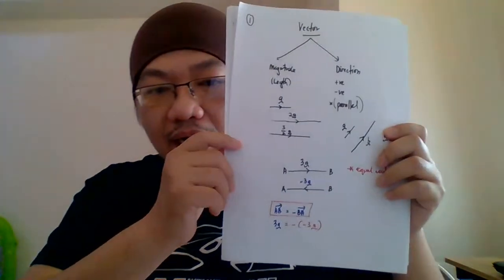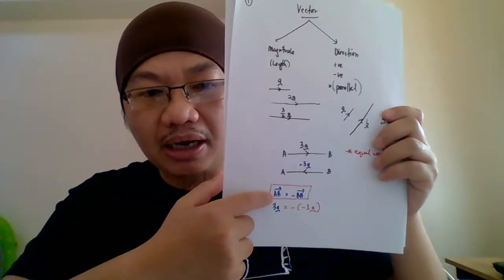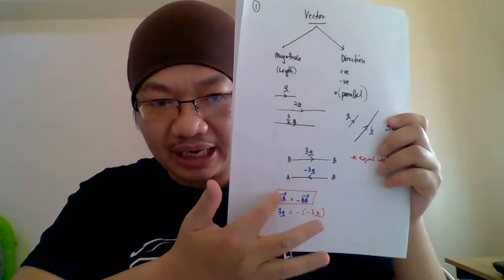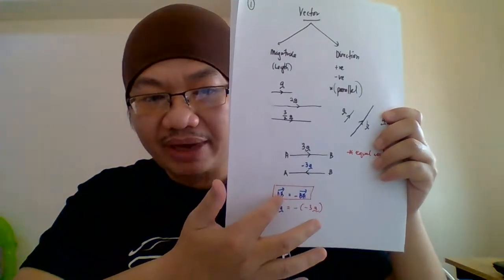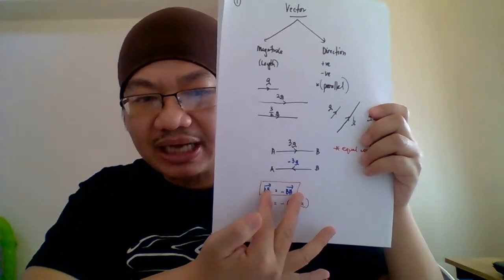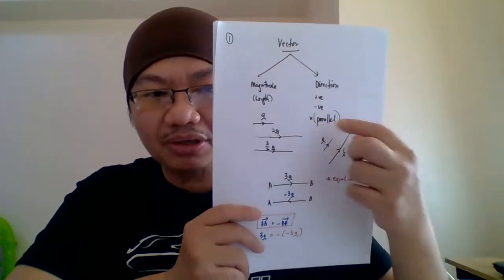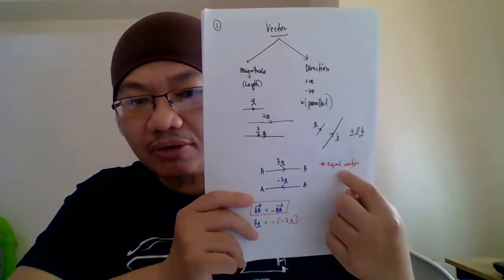So guys, the first basic rule you need to know is, if our vector is negative, let's say AB vector is equal to negative BA vector. This is the first identity you need to understand. Also in this topic, we learned about equal vectors.